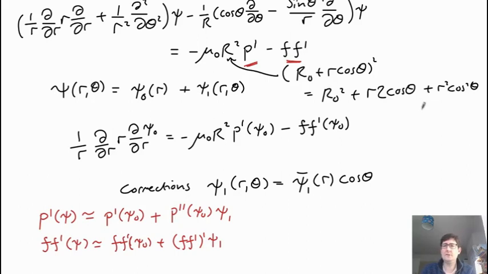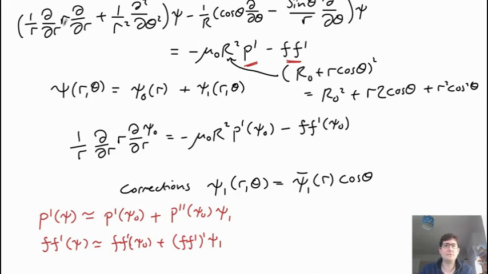We're going to expand this and keep only the cos theta parts, and then substitute this equation for psi 1 into the Grad-Shafranov equation. And then we're going to keep all the bits that depend on only cos theta. So the zeroth order terms from psi naught will all cancel out. We'll get terms involving cos theta, and then we'll get higher order terms involving cos squared theta. And so for now I'm only going to keep the cos theta terms.